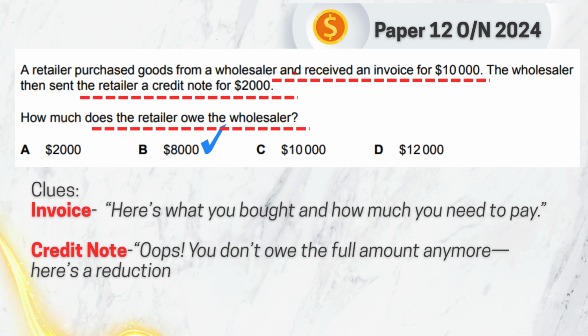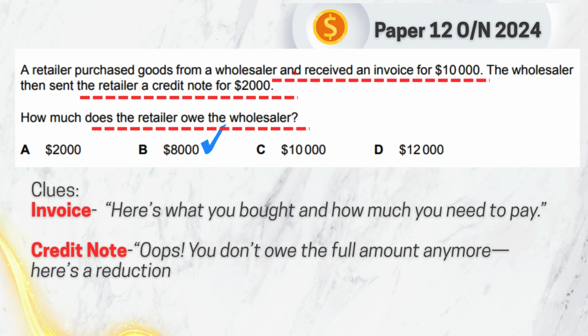It's a document that a seller gives to a buyer. So it's just like, here's what you bought and how much you need to pay. An invoice is a document where you see the products that you're going to buy, the items, and even the price.